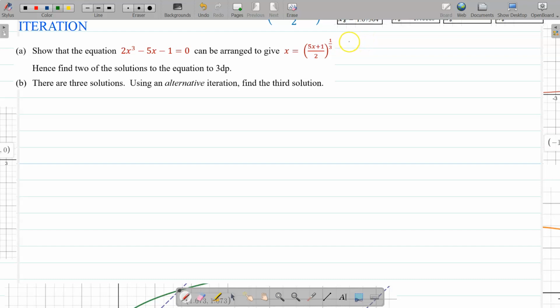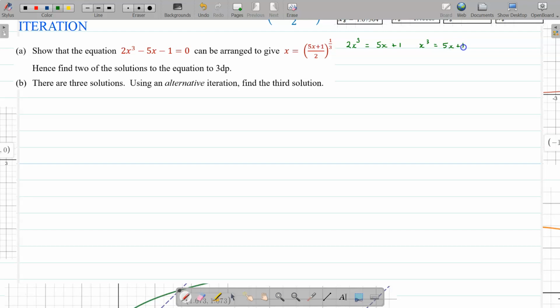I'm going to say that 2x cubed, if I add the 5x and the 1 to the other side, I'm going to get 2x cubed equals 5x plus 1. And then if I divide both sides by 2, I'm going to get that x cubed equals (5x plus 1) all over 2.